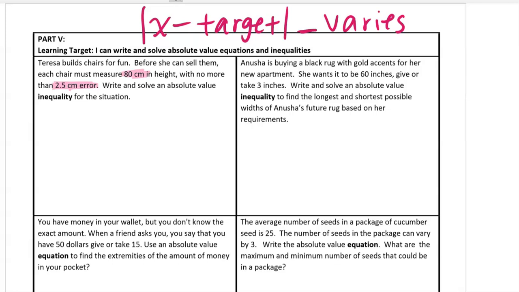All right, so when we're writing these, the larger number is almost always the target and the smaller number is always the varies. So let's write our equation. We're going to say x minus 80 and then leave a space for the inequality, put your varies, 2.5. Now let's focus on the inequality. Here it says no more than 2.5.